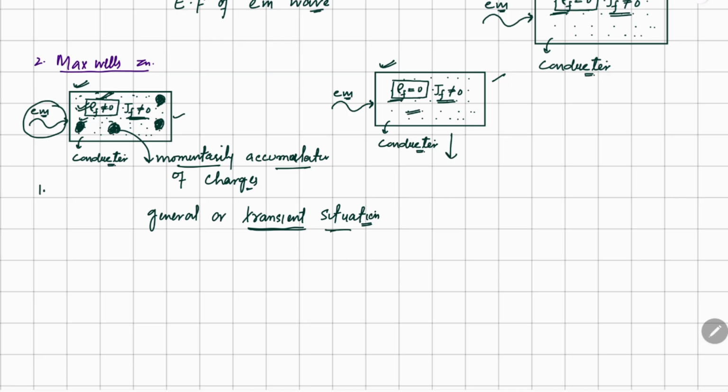So this case is actually used for steady state, and we're interested in this case, because after some time rho becomes 0 inside, and all the charges will accumulate on the surface. This is the very important property of the conductor, that all the charges will come to the surface.